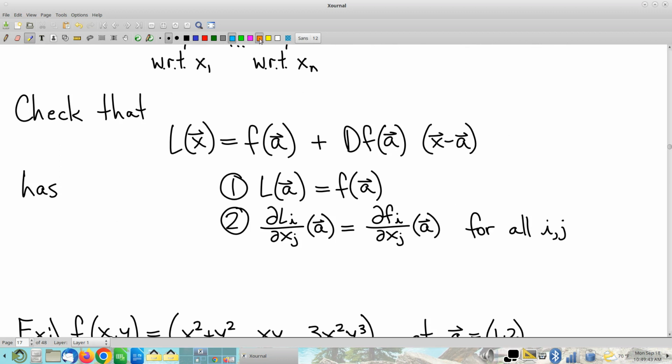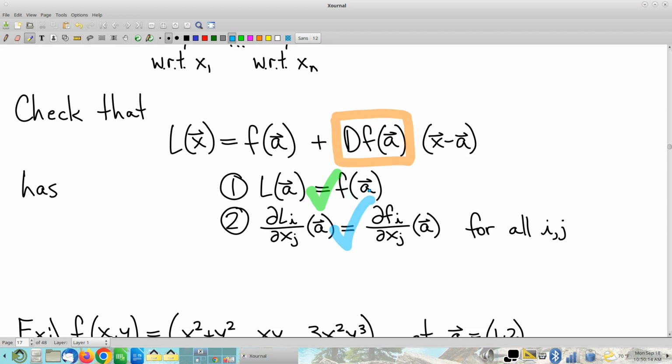And you can confirm for yourselves that with this magic matrix that we just wrote down, in that position, right where the gradient had been, right where the single variable derivative had been in the single variable linear approximation, this is the thing that makes it all work. This is what makes our linear approximation formula have the right value, and what makes it have all of the right partial derivatives.